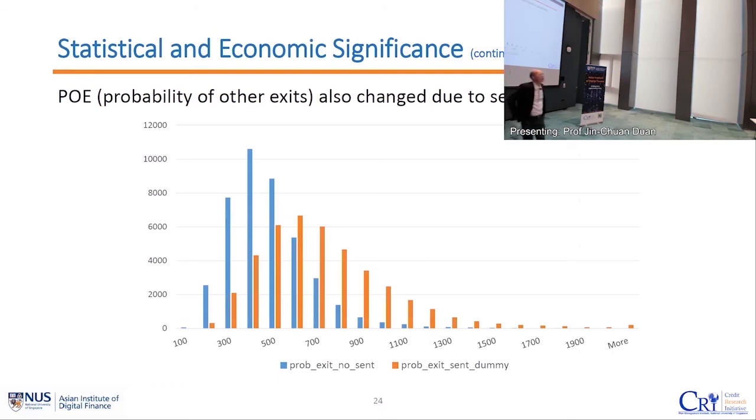So, to be clear, the x-axis is the absolute POE. It's always positive. In the practitioner's sense, is that basis points? Yeah, that's a basis point. Probability of other corporate exit. Change of basis points or absolute basis points? No, it's absolute basis points.